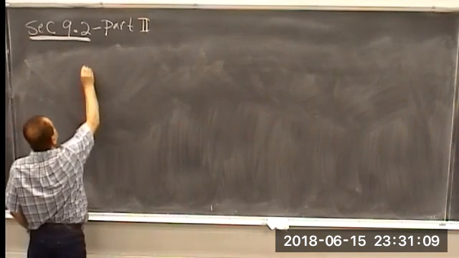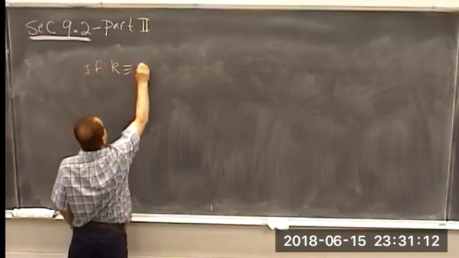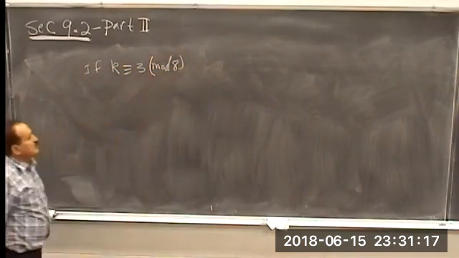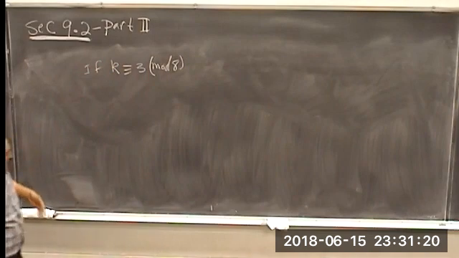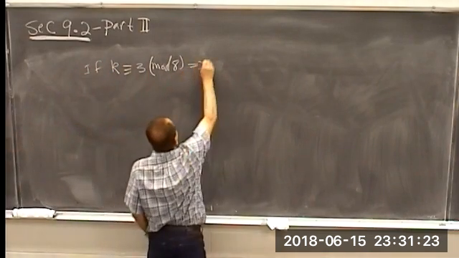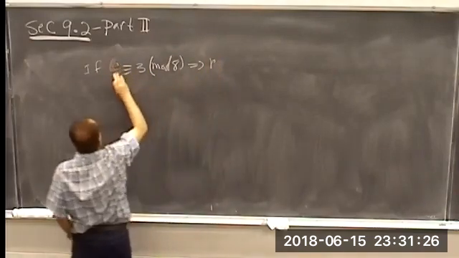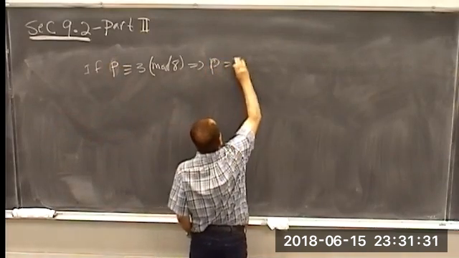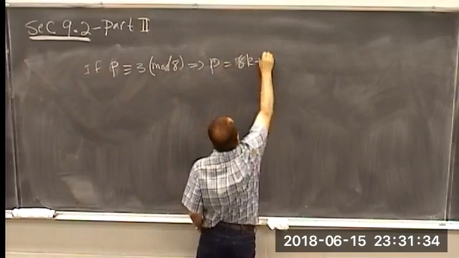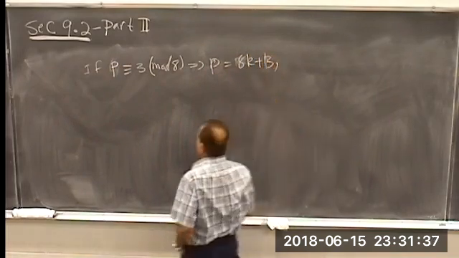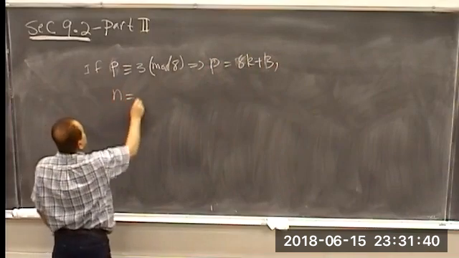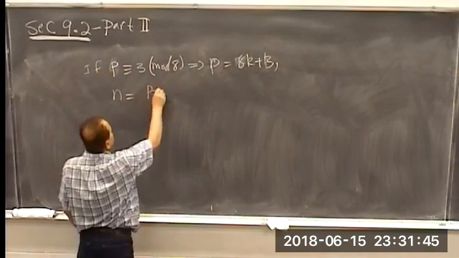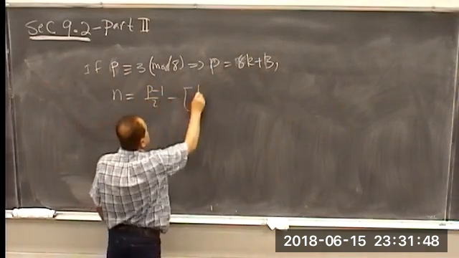All right, now if p is congruent to 3 mod 8, remember the Legendre symbol of 2 by p is going to be equal to negative 1. Okay, then p is equal to 8k plus 3, and the n, remember, is equal to (p minus 1)/2 minus the bracket of p/4.